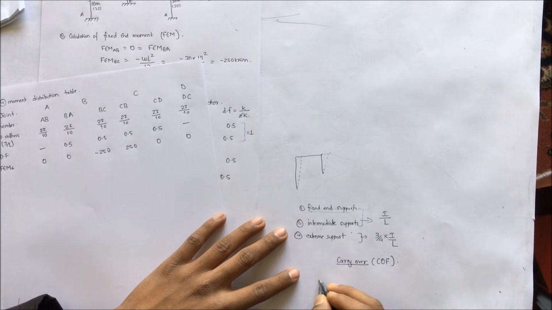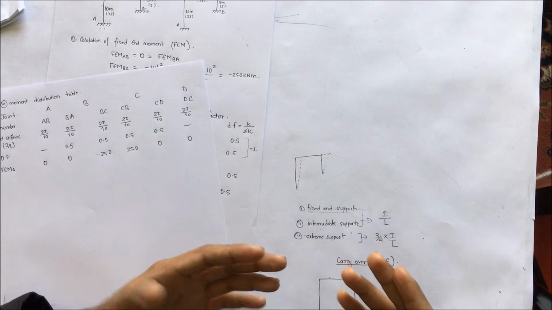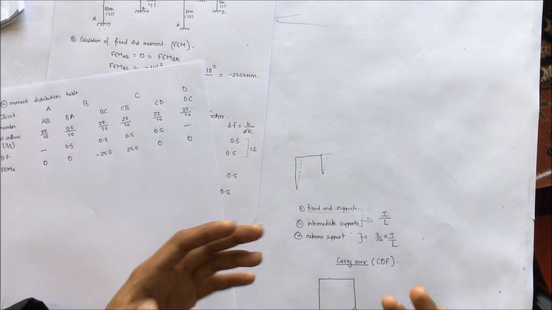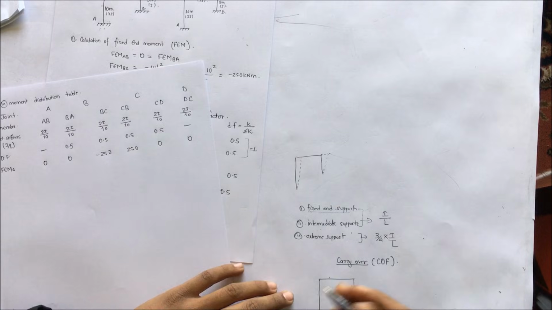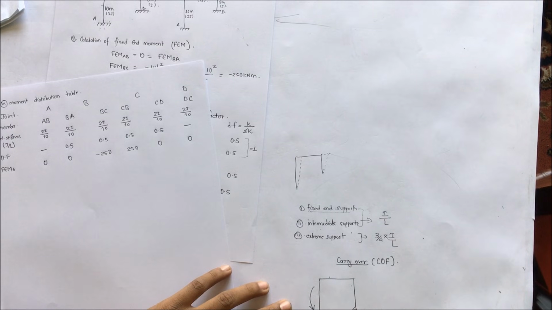Because if we see a member like this, this is the fixed end support, these are the intermediate members, and this is the extreme support. So the fixed end support doesn't contribute anything to the balancing of the load, rather it takes all from the member.